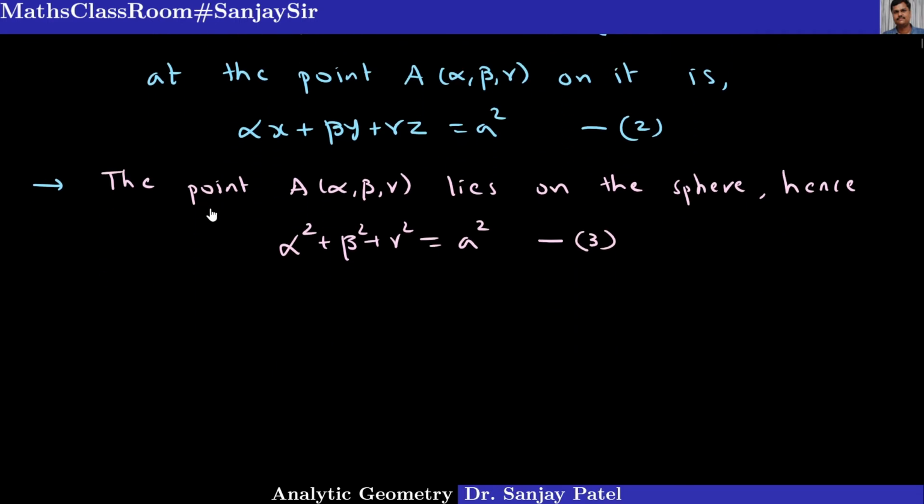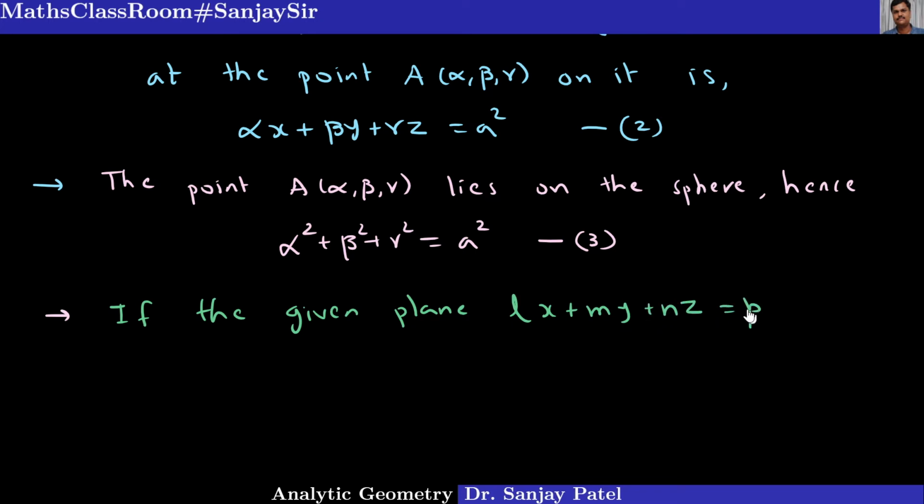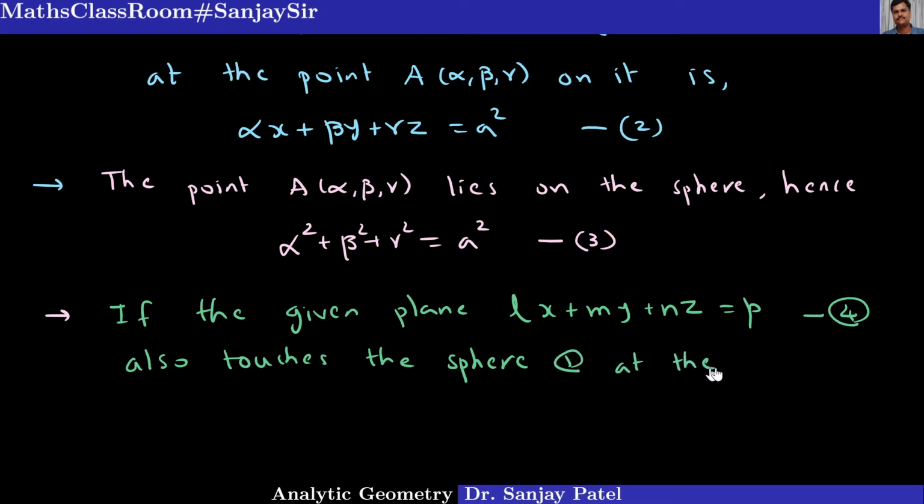Further, if the given plane, which is Lx plus My plus Nz is equal to P, say number 4, also touches, or is also a tangent plane to the sphere given by 1, at the same point, at the point alpha beta gamma.